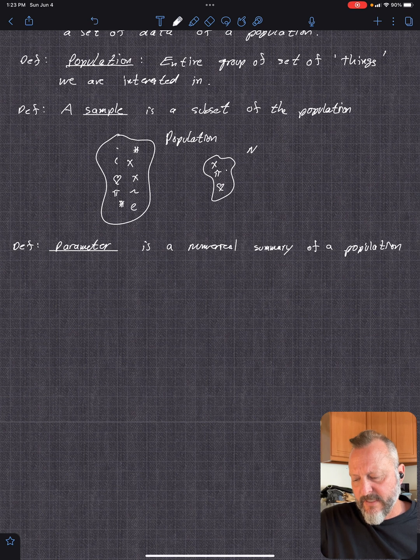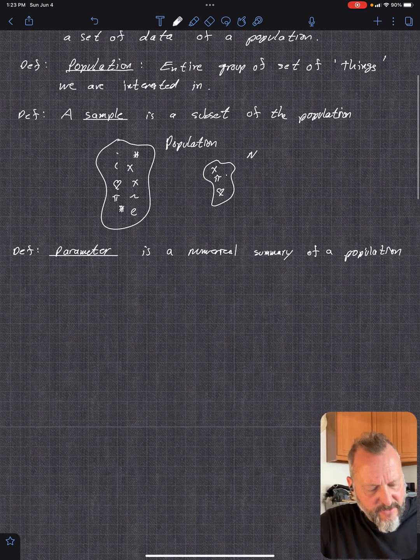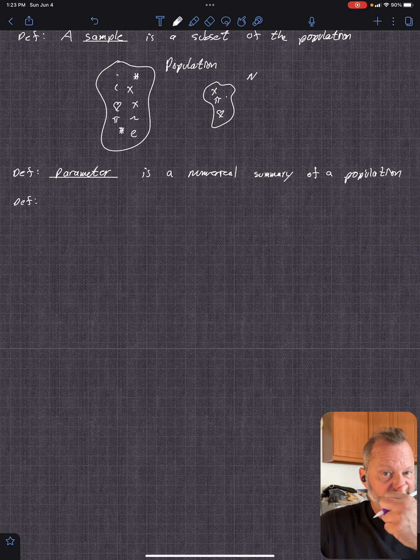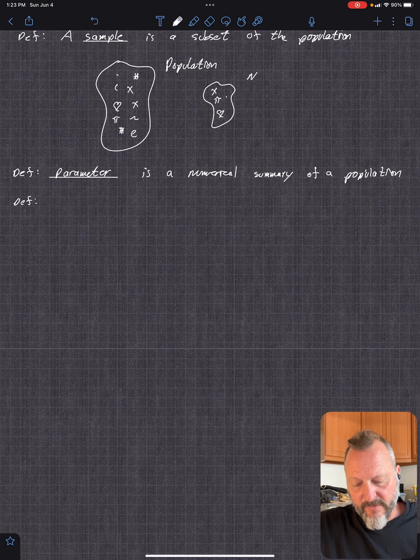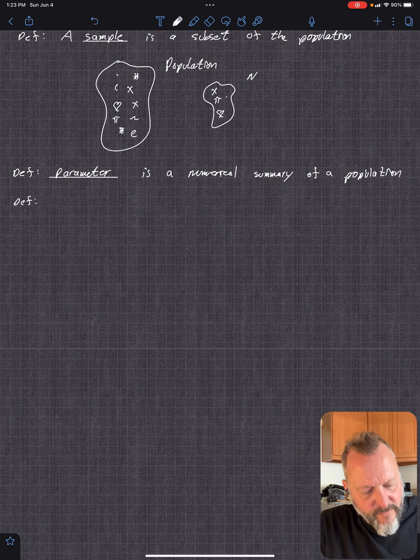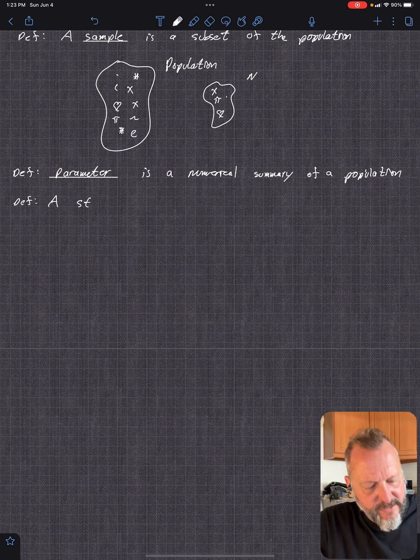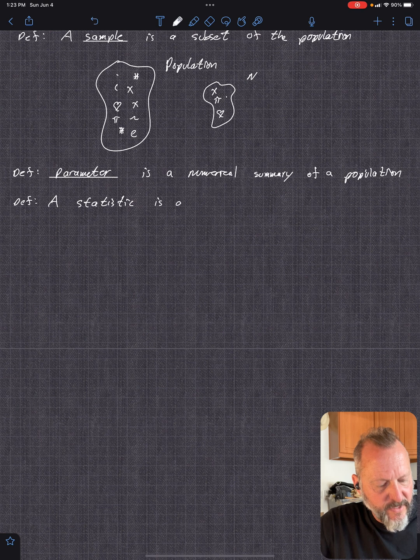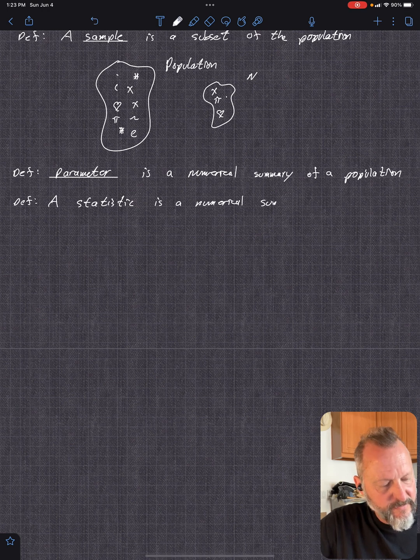So, a couple more definitions to talk about. A statistic is a numerical summary of a sample.